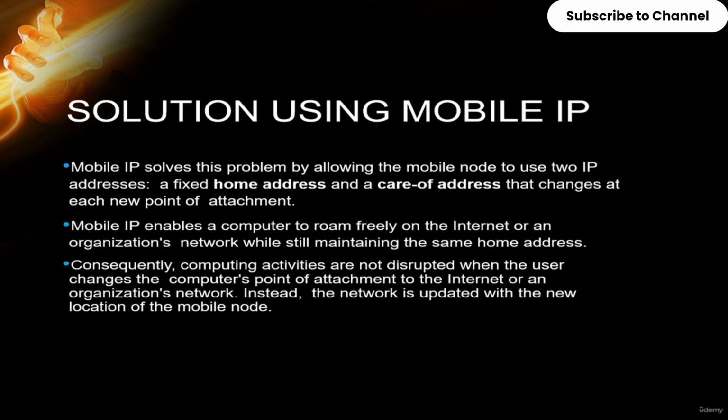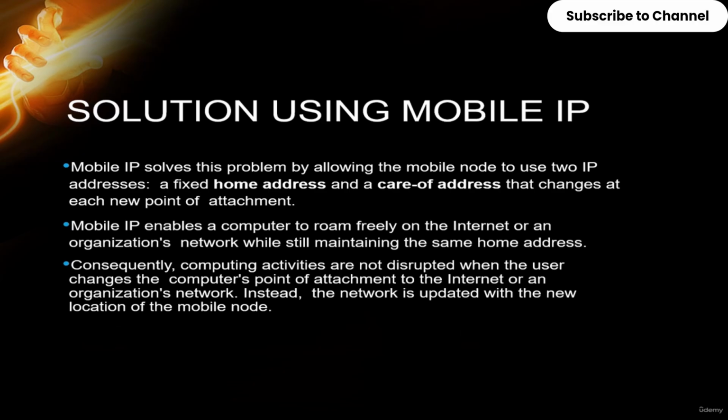Two IP addresses are used by mobile IP, in contrast to the existing IP networks, which use only one address. Here mobile IP uses a home address and a care of address. The home address is the current address of the mobile node, and the care of address is the address used whenever the mobile node moves from one location to another.